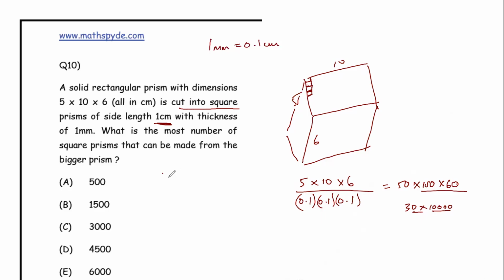Okay, so if I were to consider a square prism, side length of 1 centimeter, so that's a square, and thickness of 0.1. So it is not a cube. Right, so that's the error.